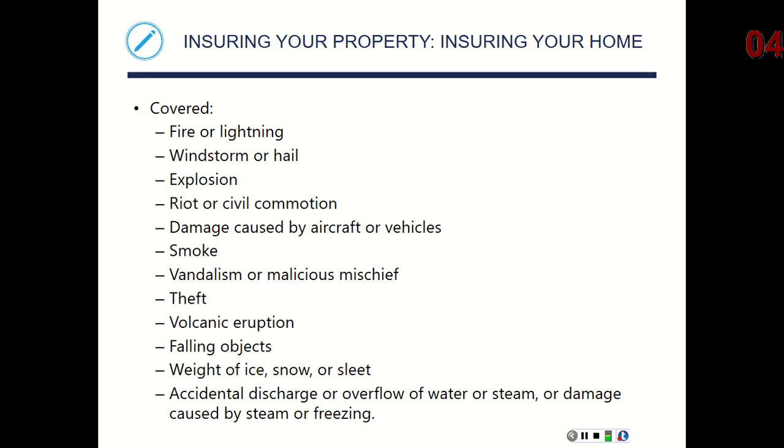You see here volcanic eruption, very key in Hawaii in the last couple of months for the people, unfortunately, that live near the volcanoes. Ice, snow, sleet, so things that can be important here in North Dakota, making sure we're covered from excess snowfall. Any issue happens to roofs, wind and hail damaging a roof, or unfortunately fire.